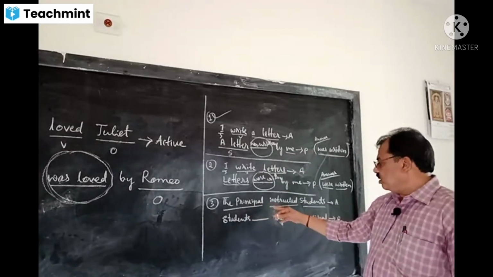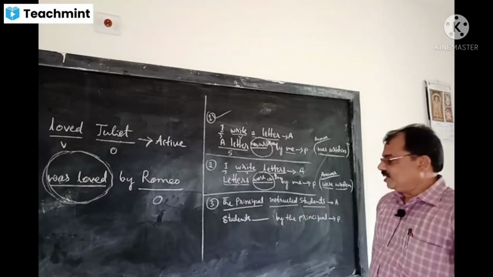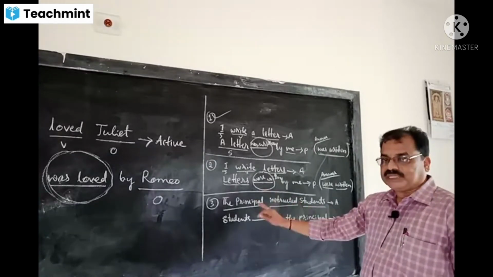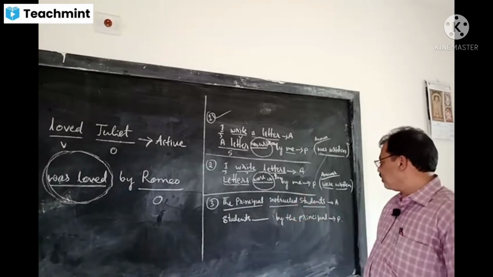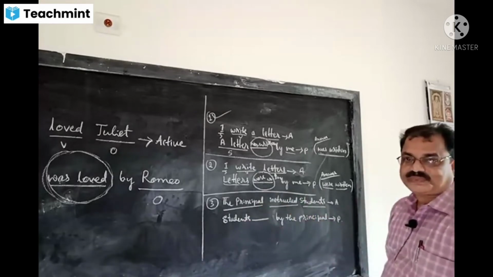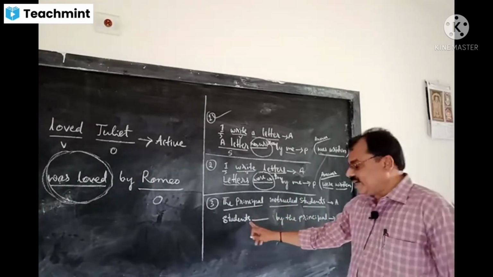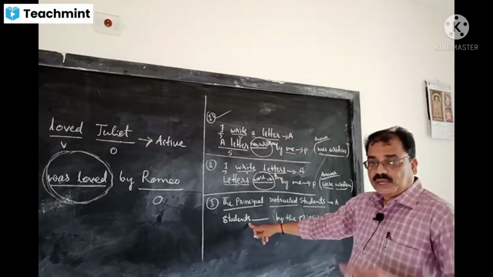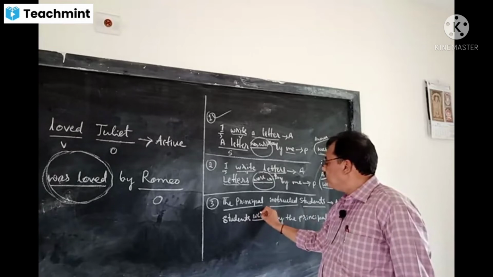The principal instructed students. Here the subject is principal, instructed is the verb, students is the object. What's the answer? Can you guess? Students. What type of helping verb are you going to use here? Was or were?